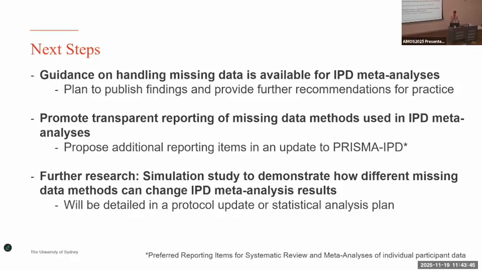And in this presentation, it wasn't really made clear how results would change based on the missing data approach and the pattern of missing data. So in the next step, we want to conduct a simulation study to demonstrate how different missing data methods can change IPD meta-analysis results. And this will be detailed in a protocol or statistical analysis plan.